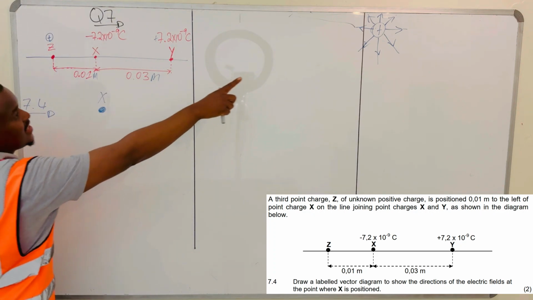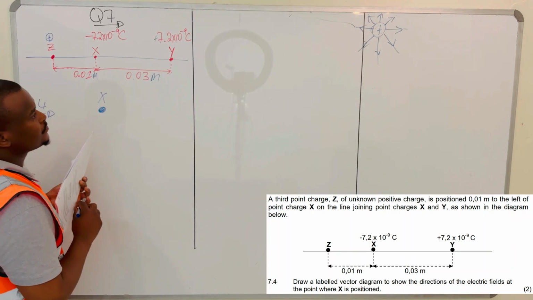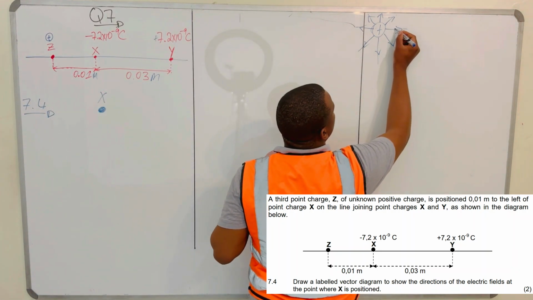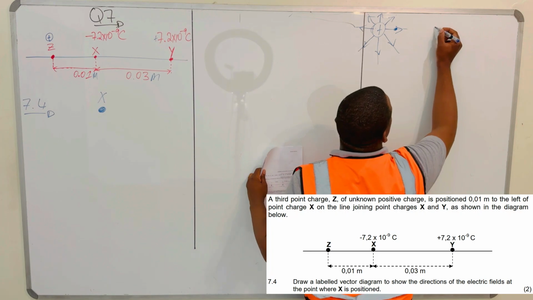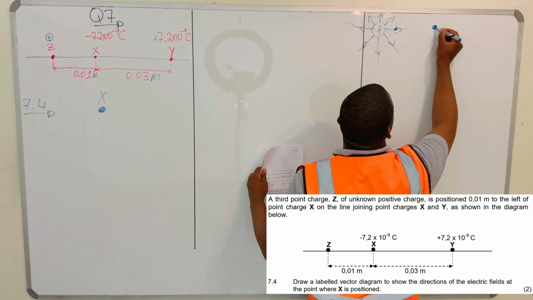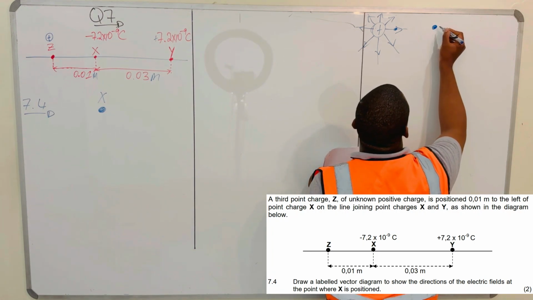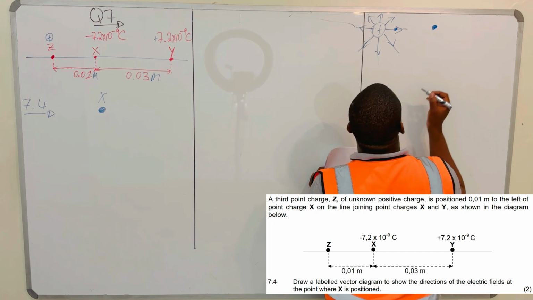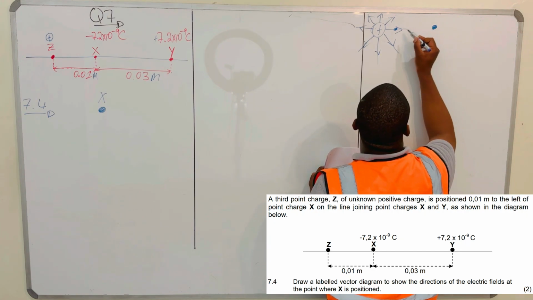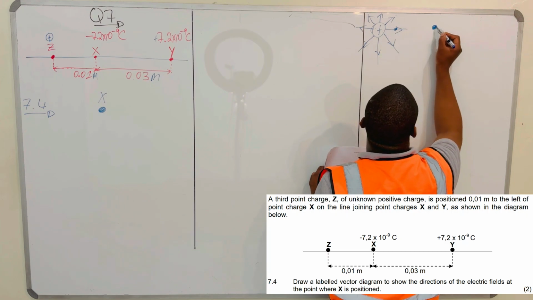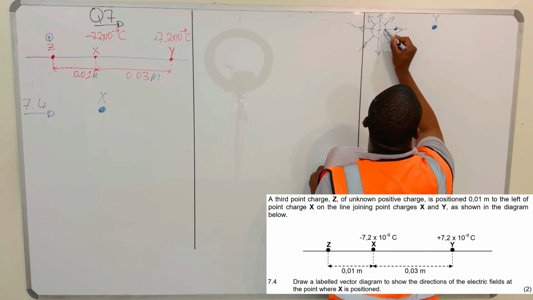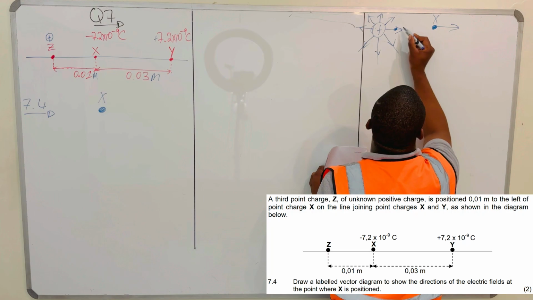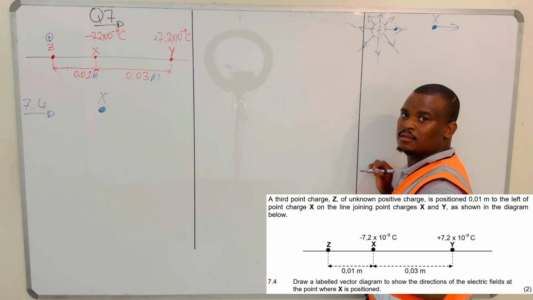If your X is sitting here, the electric field felt by X due to this charge will be in that direction.